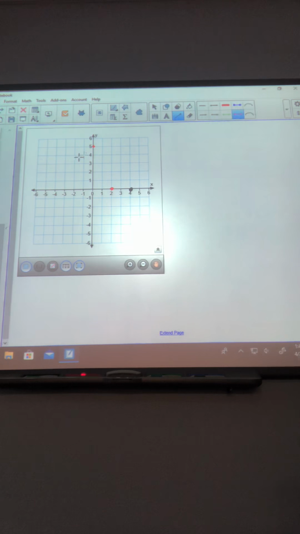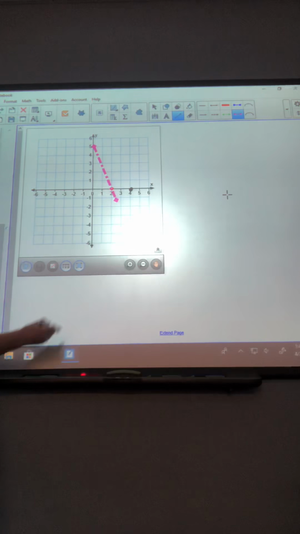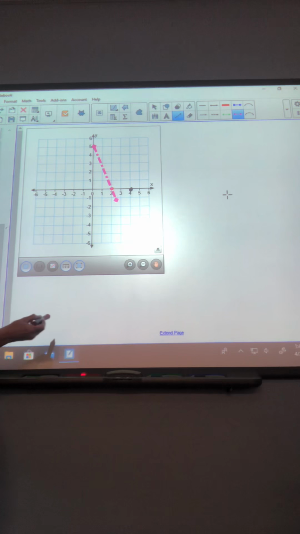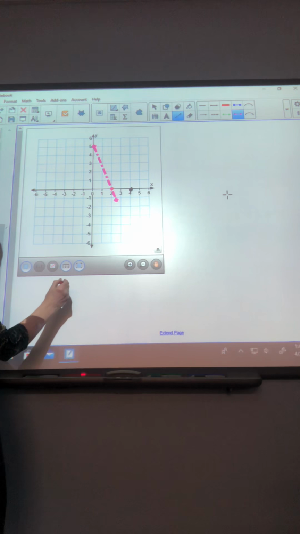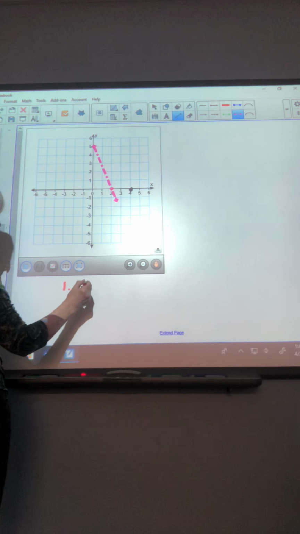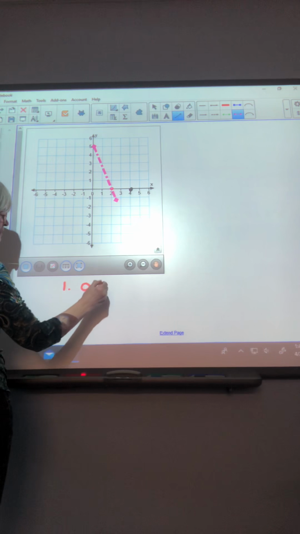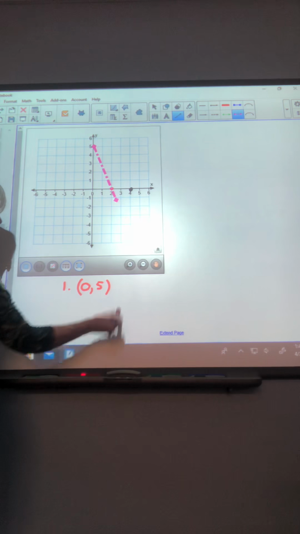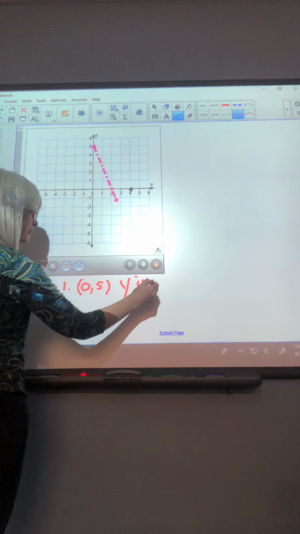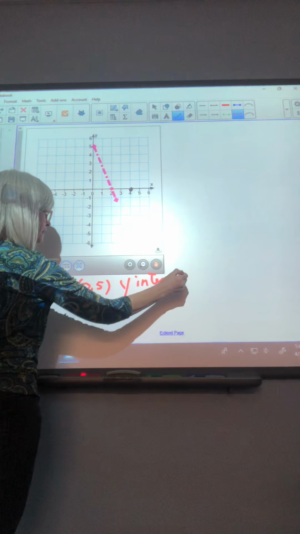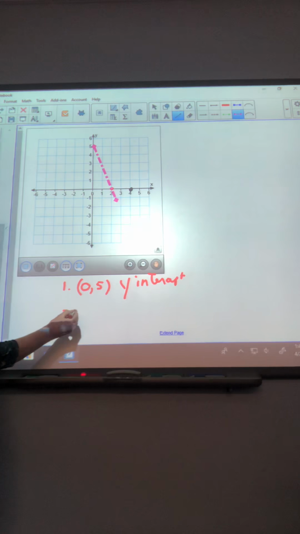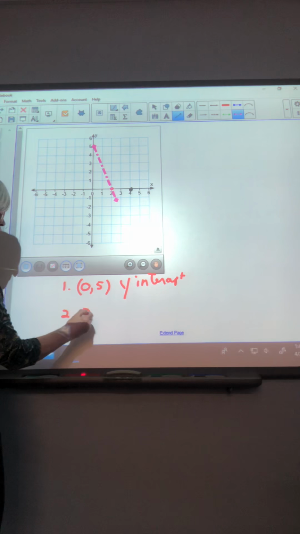One of those is the y-intercept, and one of those is the x-intercept. So go ahead and write what you think it should be, and then I'll tell you. So for number 1, the y-intercept is going to be 0, 5. And the x-intercept is going to be 2, 0.